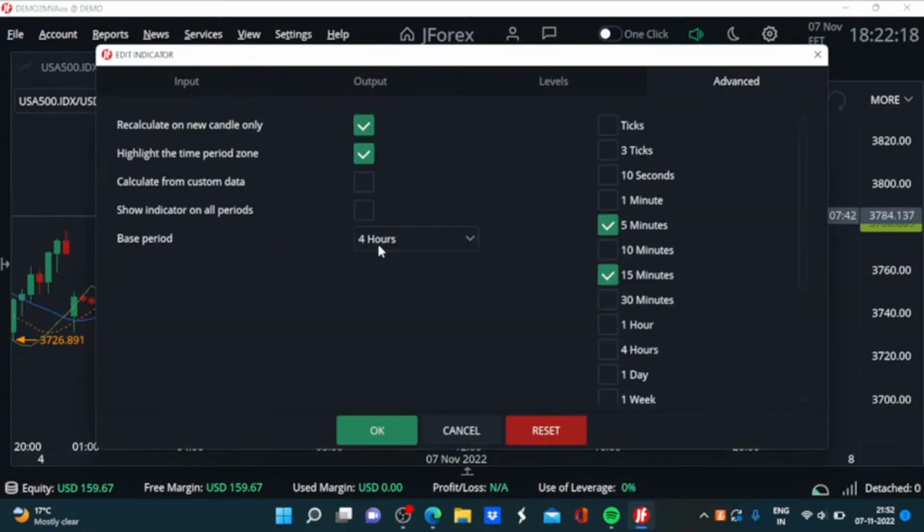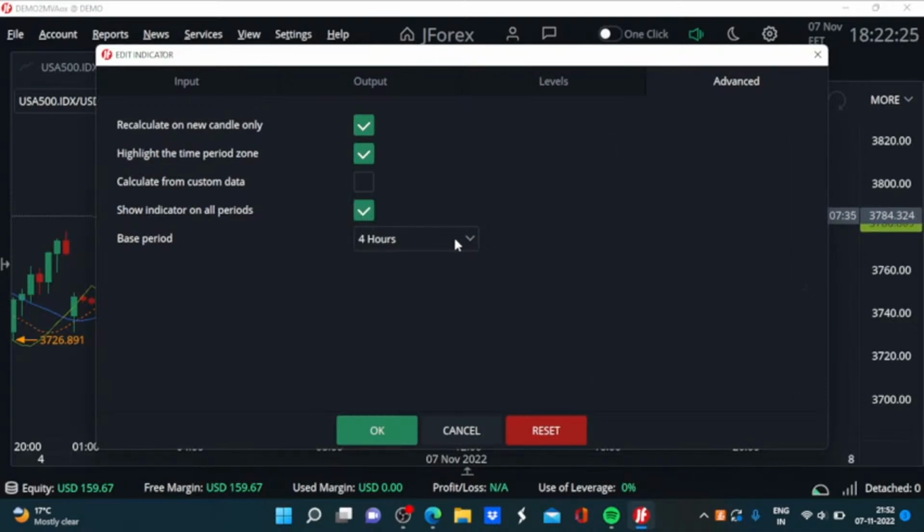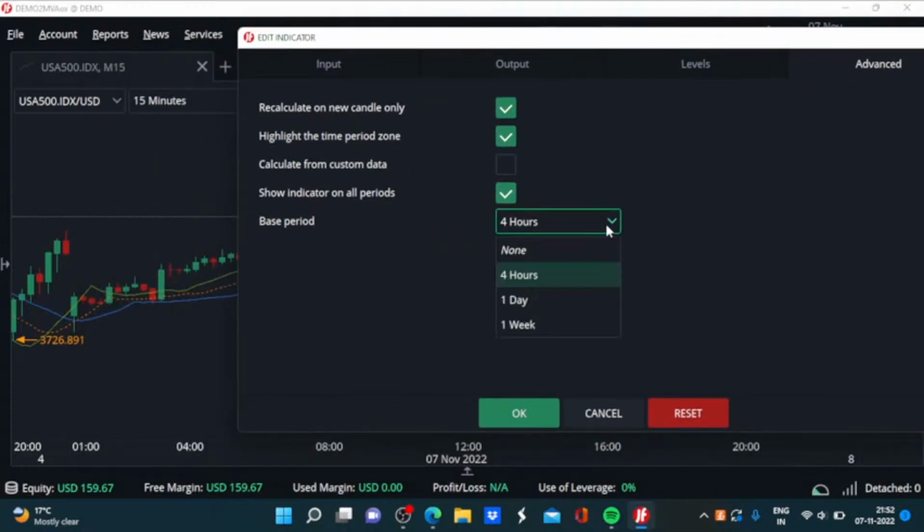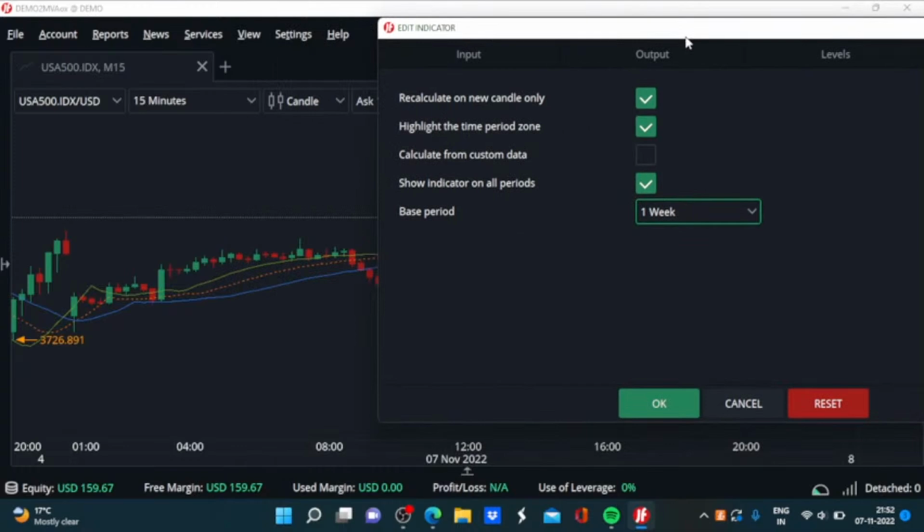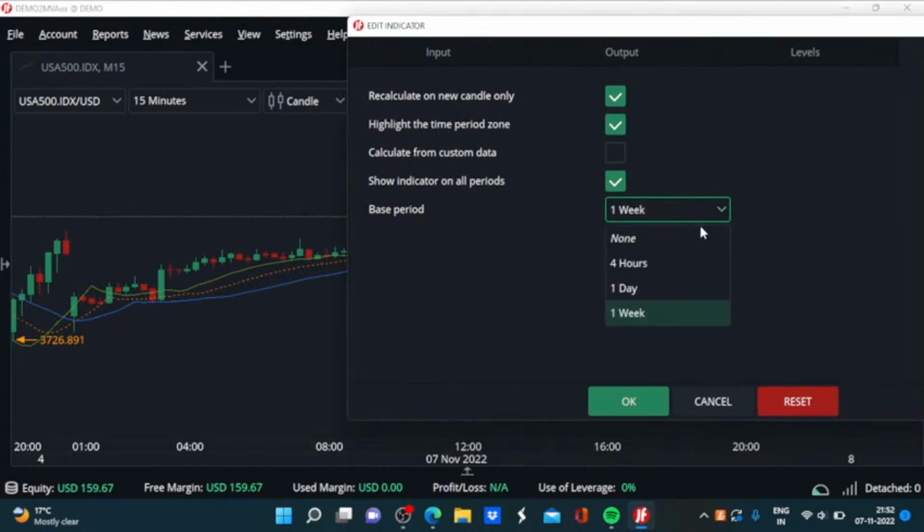That becomes helpful to make meaningful analysis, draw inference, and make informed trading decisions. The base period can be any of these options. Let us see if we are going to have an impact on the output value, and that is not really happening. So we are not going to have any impact because of the changes in the base period for this indicator.